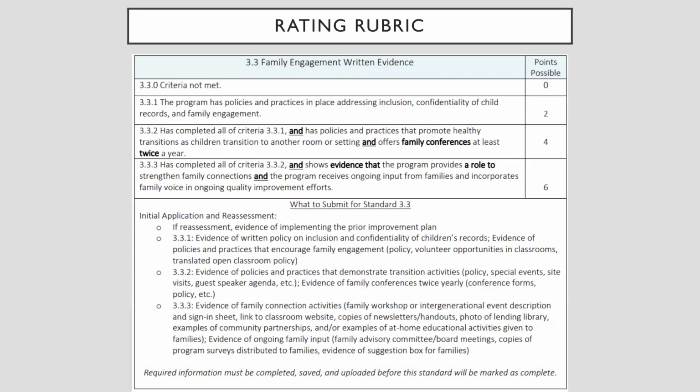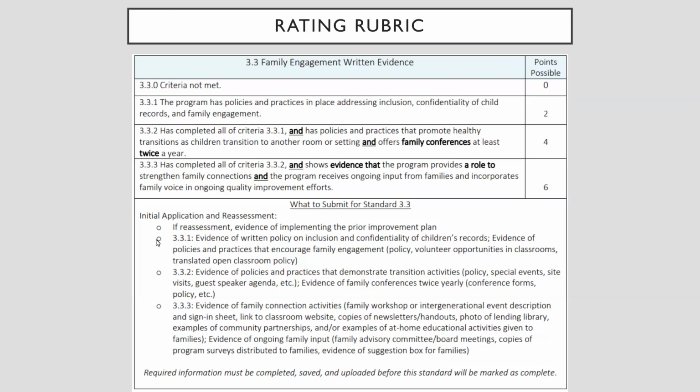Here is the rubric you will see with the different criteria that is needed for this section of the portfolio. At the 2-point level, you're providing evidence of policies and practices you have in place addressing inclusion, confidentiality of children's records, and family engagement.